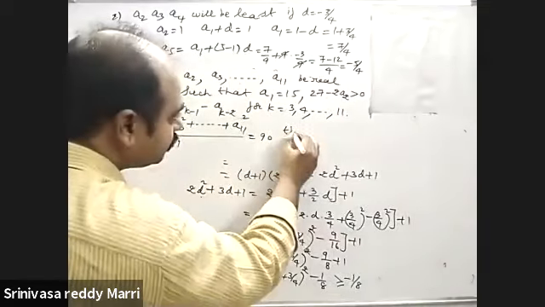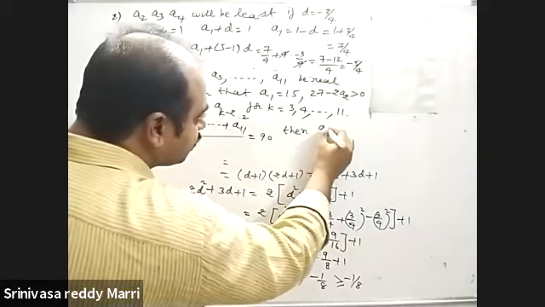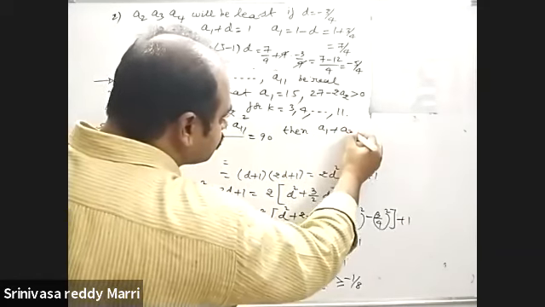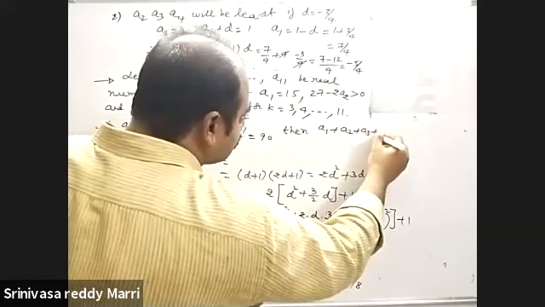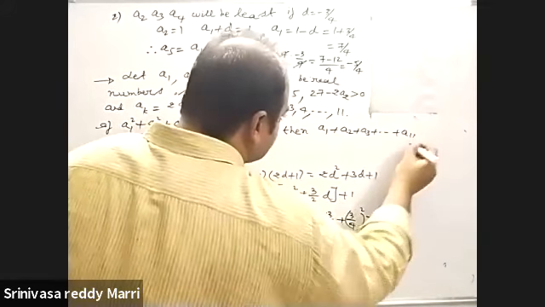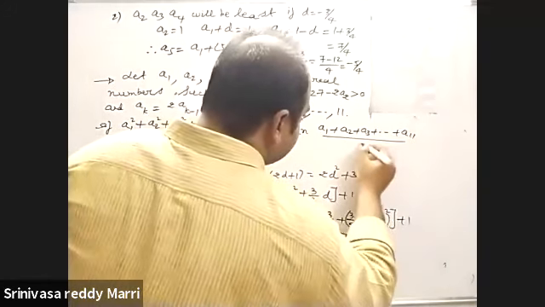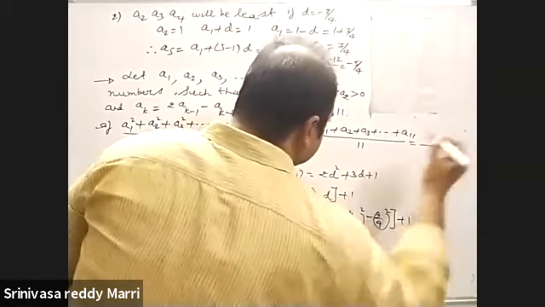Then he is asking for the value of the expression divided by 11 equal to dash.